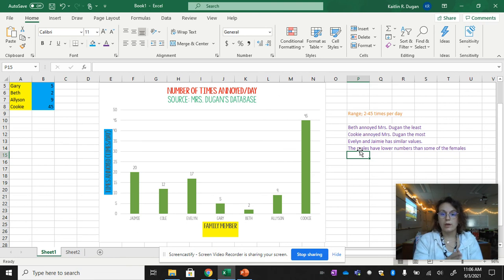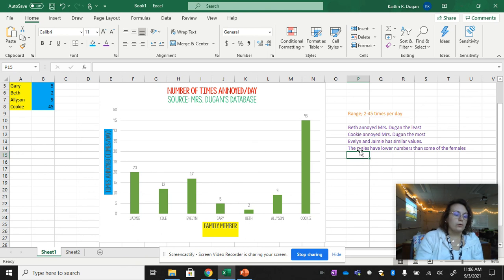For example, when we say the males have lower numbers than some of the females, that's very different than, well, Mrs. Dugan isn't annoyed by males compared to females. That would be interpreting. Saying that the numbers are lower is different than Mrs. Dugan doesn't get annoyed by males.